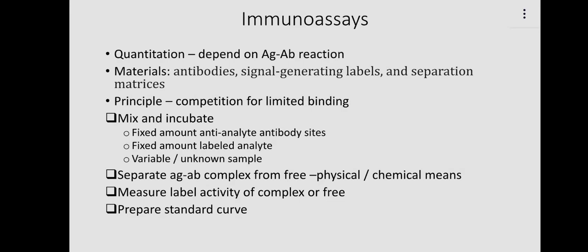So in this case, we can say you have a standard, something which is already known, and how much it is. It is mixed with an unknown, which is basically the sample. And this is supposed to compete for a limited number of binding sites. So these binding sites are actually highly specific anti-analyte antibodies.